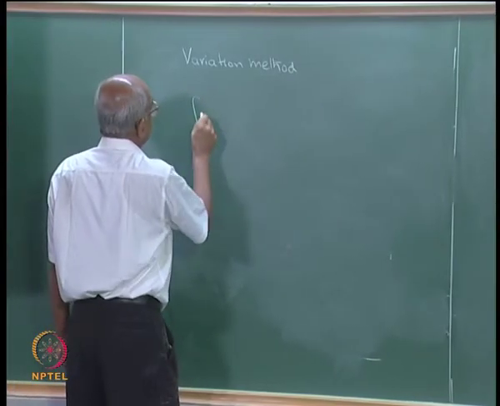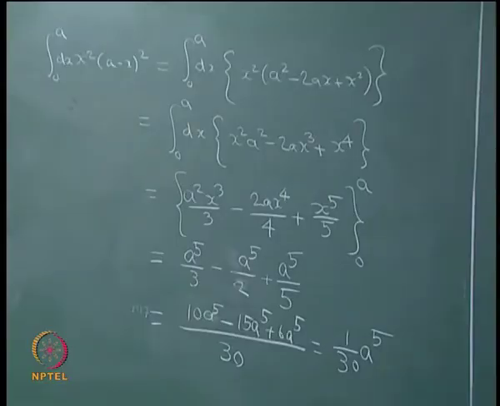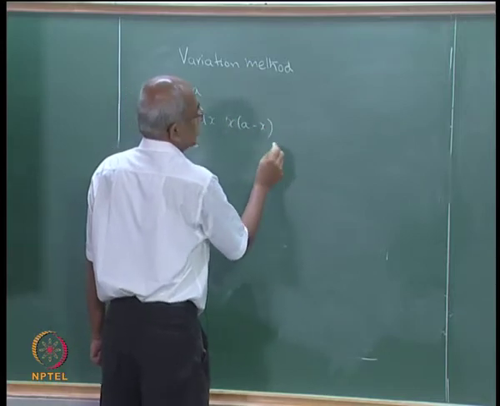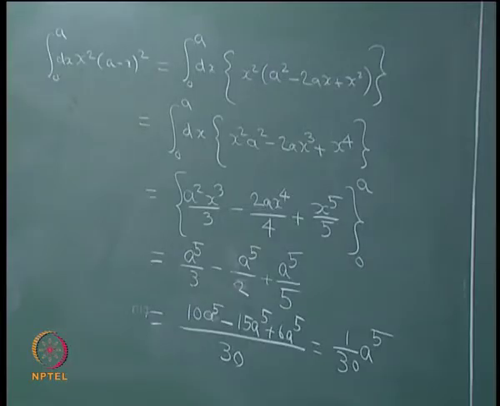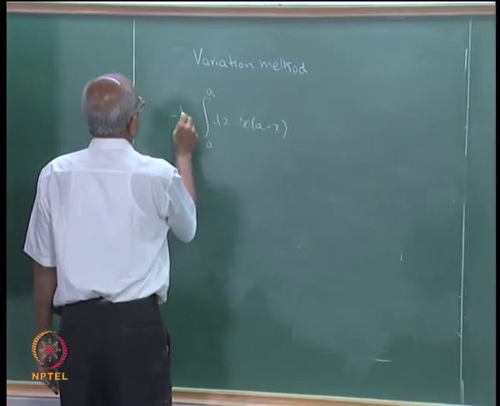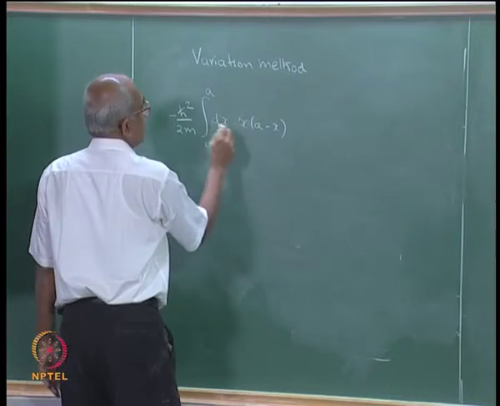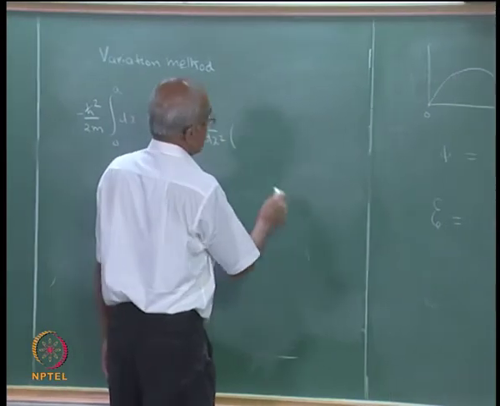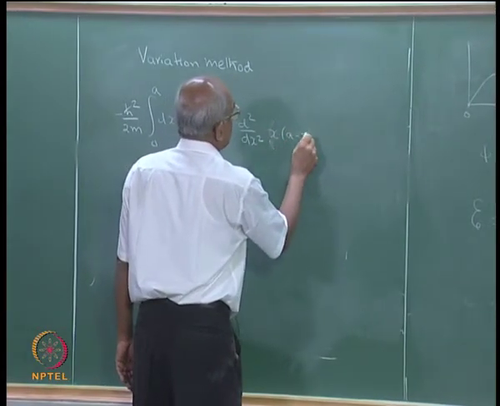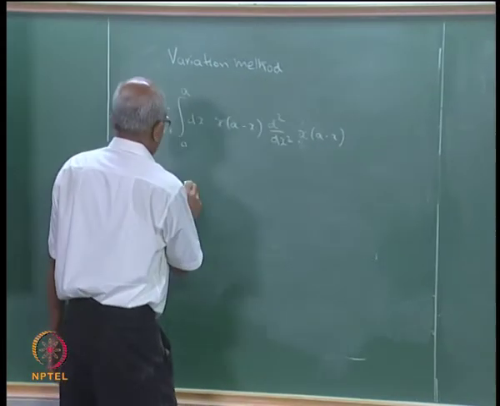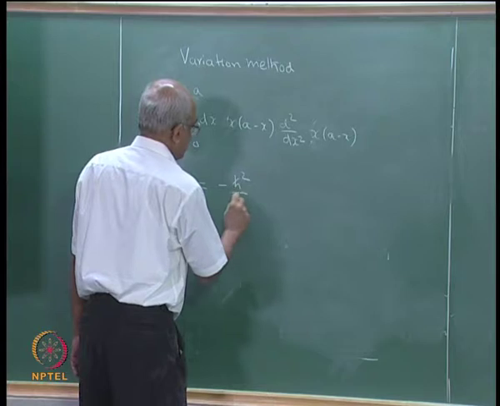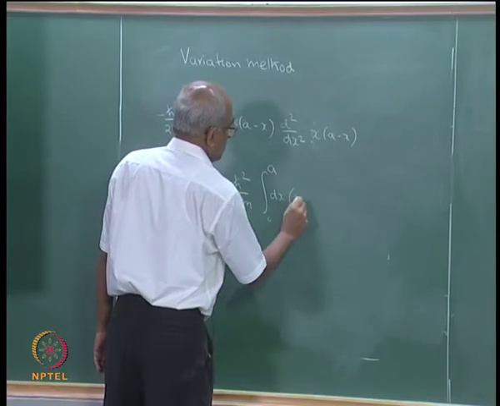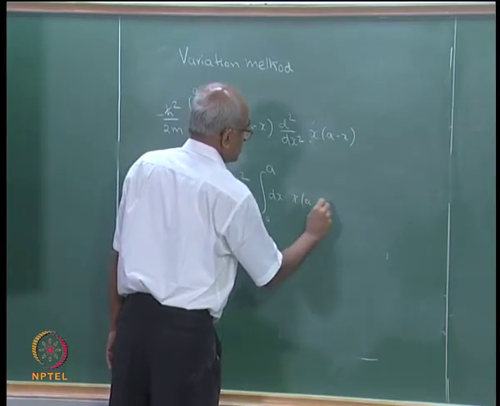Integral 0 to a dx into x into a minus x, times minus h cross square by 2m, which I will take outside, d square upon dx square of x into a minus x. That is equal to minus h cross square by 2m integral 0 to a dx x into a minus x.